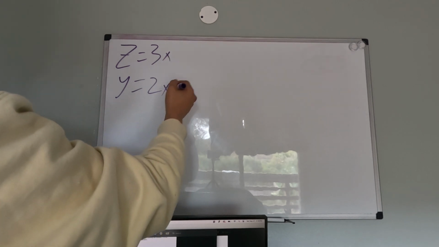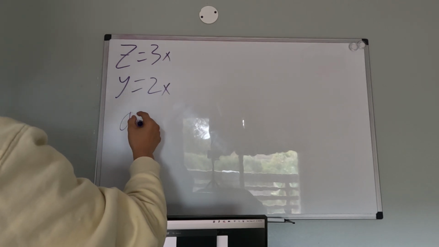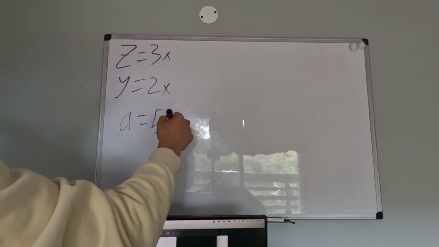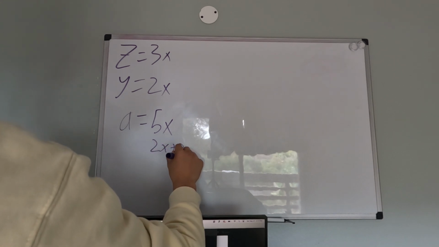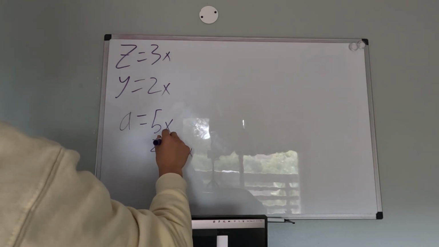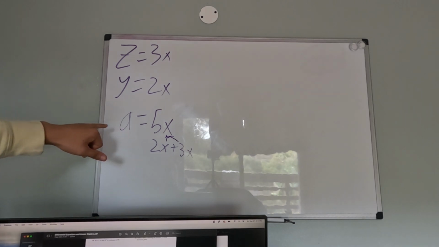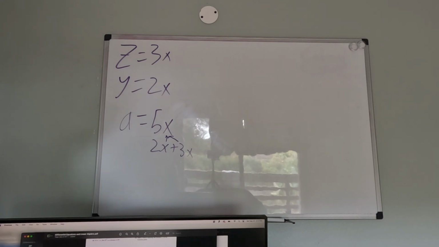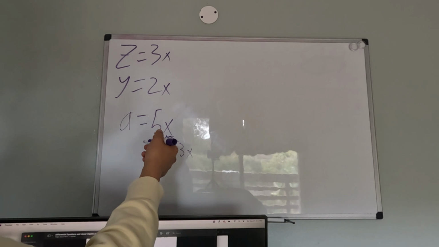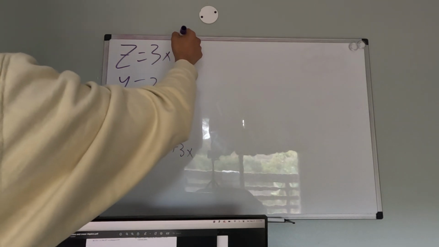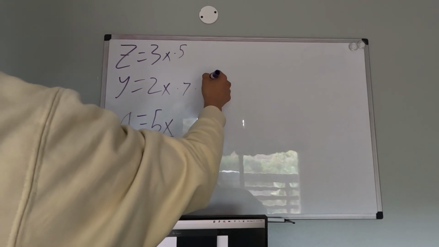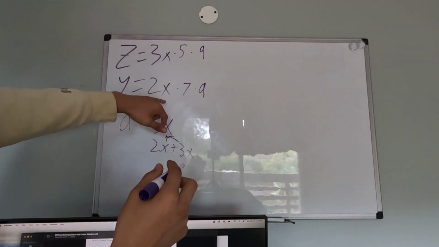So if you took 2x plus 3x, that equals 5x. Anything you add is just another multiple of x. So it's the same thing. And if you multiplied this by 5, or by 7, or by anything, this would still just be an x.